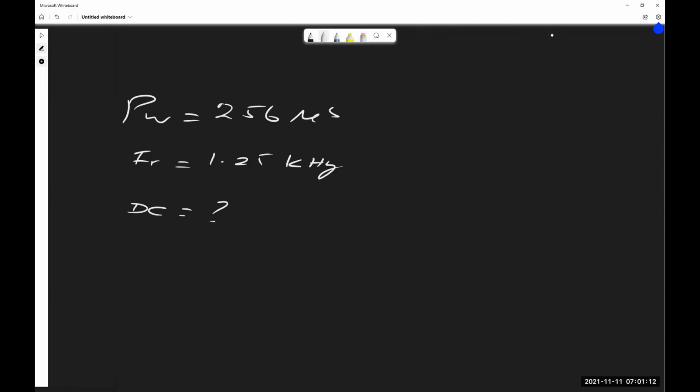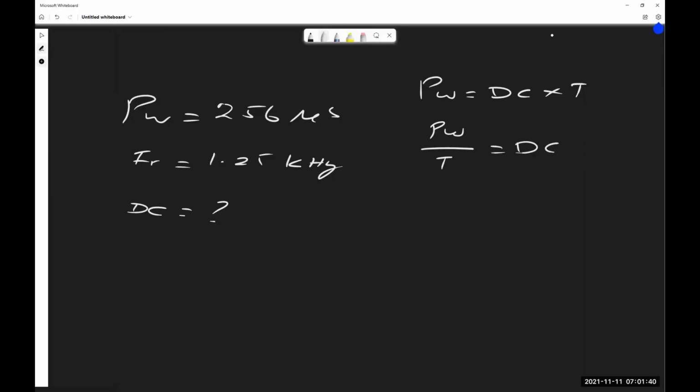To find out, you need to remind yourself of a couple of equations. The first one is that pulse width is duty cycle times time. If we are to find the duty cycle, we can rearrange this equation: pulse width divided by time is equal to duty cycle.